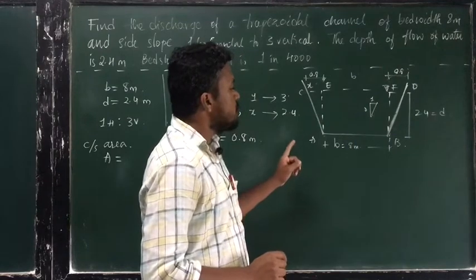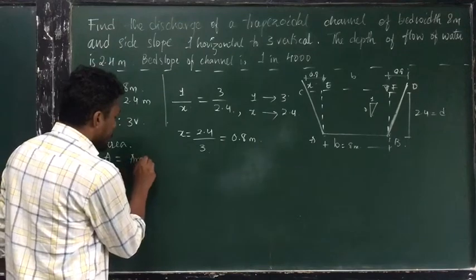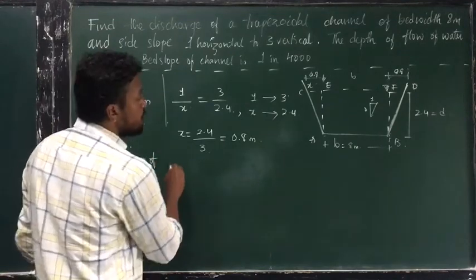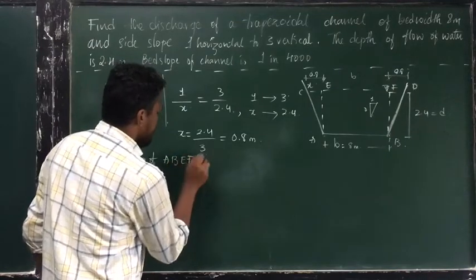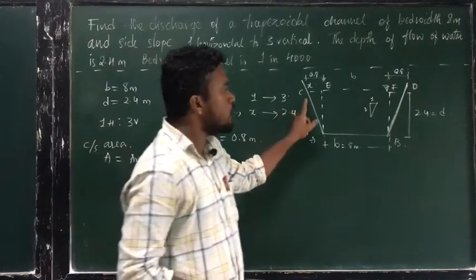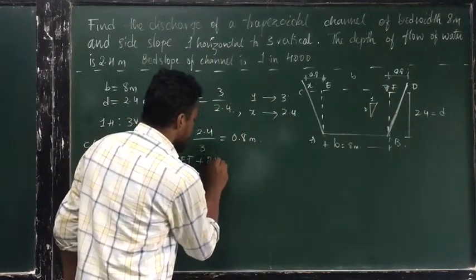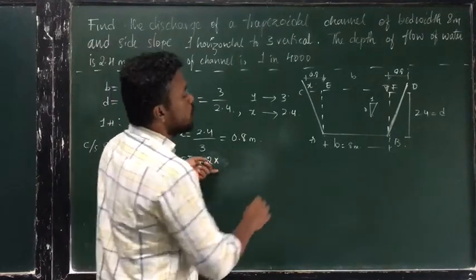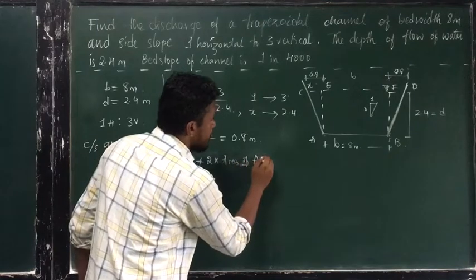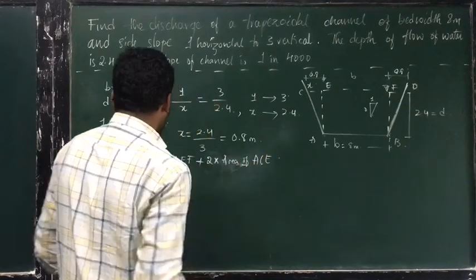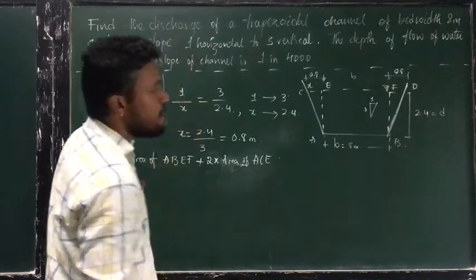So I am going to split this one into area of ABEF plus we have two equal size triangles. So I will consider one triangle multiplying with 2, 2 into ACE.